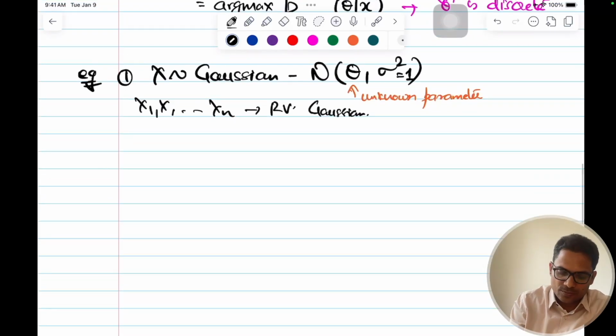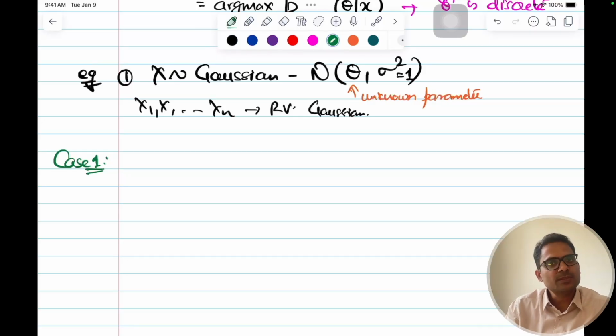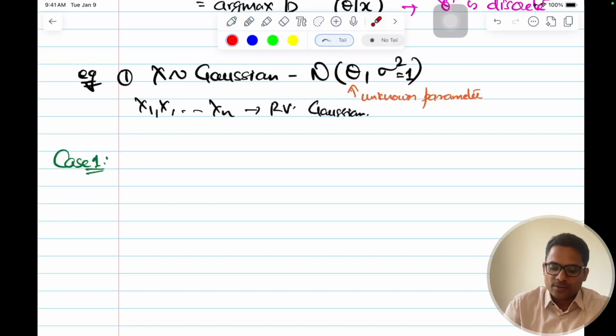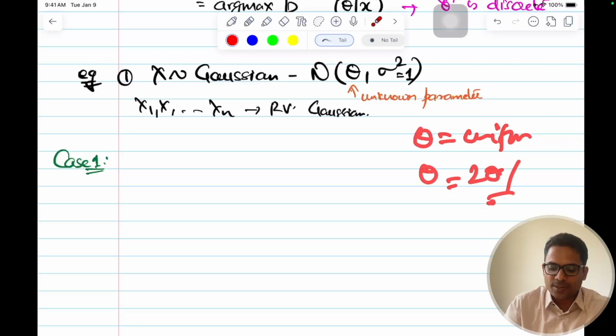So let's do case by case. As we did earlier, in the first case we'll start with a uniform prior, get a distribution, get the parameter value, and then we will see when the distribution is not uniform or it is biased, when we have some prior knowledge. In the last class we saw that theta was uniform initially, and in the other case the prior was 2 theta, which was biased towards 1.